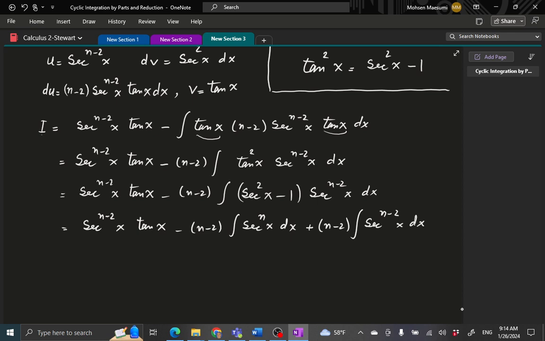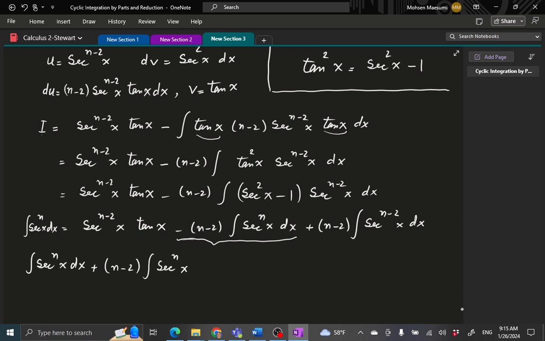Now remember, this integral was secant to the power of n. So the deja vu component of it is that this is the same as what you want to calculate. So I bring it to the left, secant to the power of n of x dx plus, when it comes on this side it was minus here, now it's plus n minus 2 of the same thing.